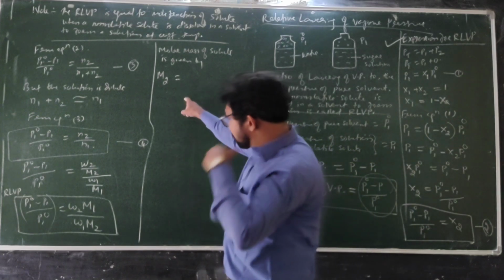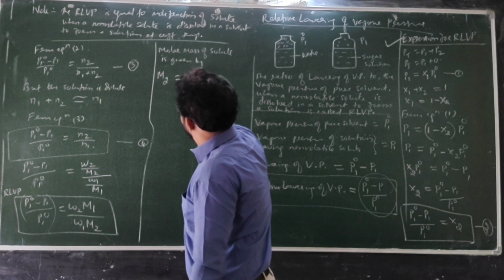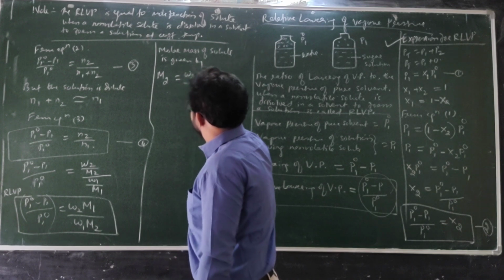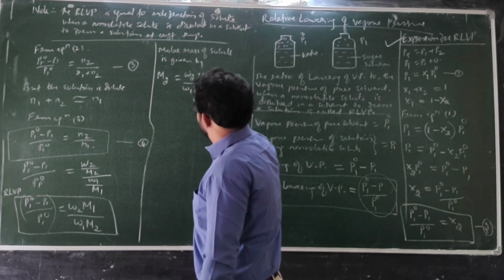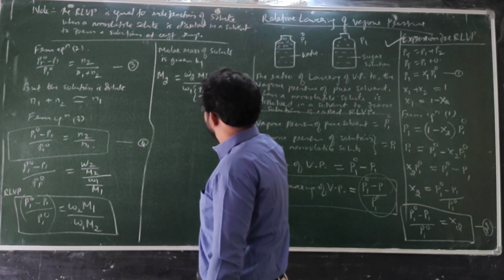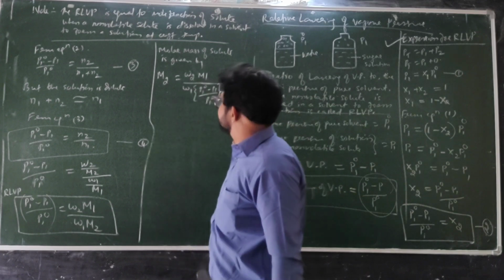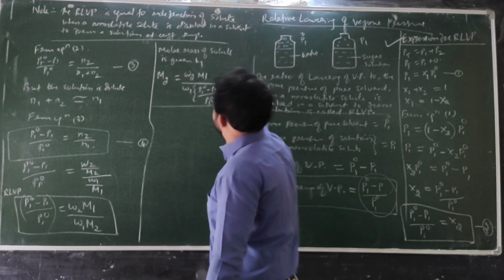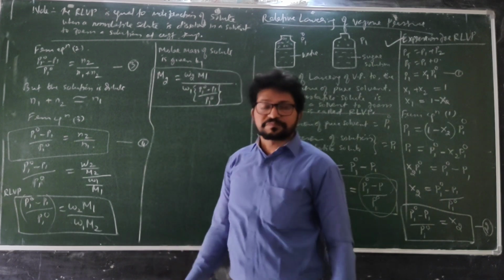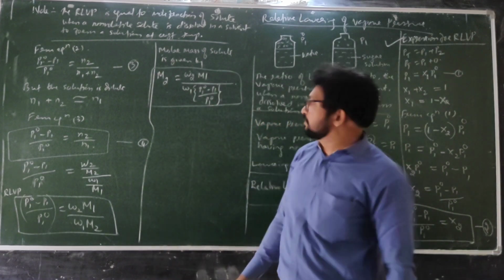So M2 is equal to W2 M1 divided by W1 into P1 naught minus P1 by P1 naught. Is it correct? So this is the final expression to work out the molar mass of solute.